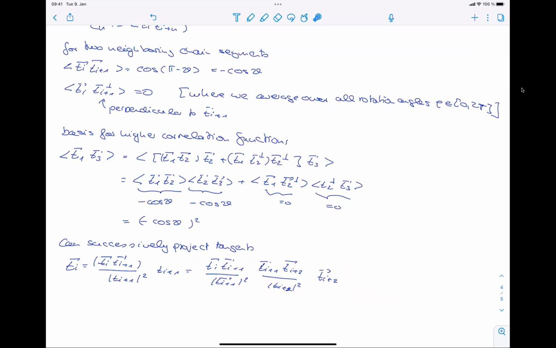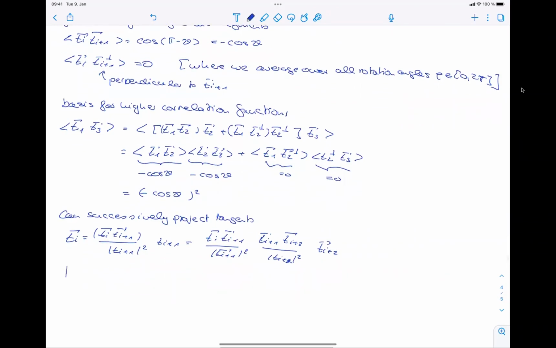And so what it results to is that in the end, I get a decomposition which is the power of the indices I have in between. So therefore, we have that C of n, the correlation function, which is Ti plus n, is then minus cos theta to the power of n.